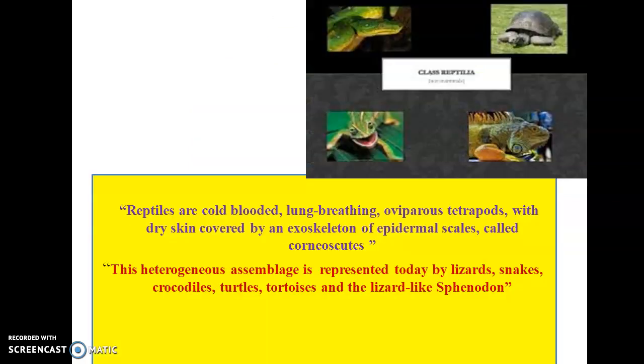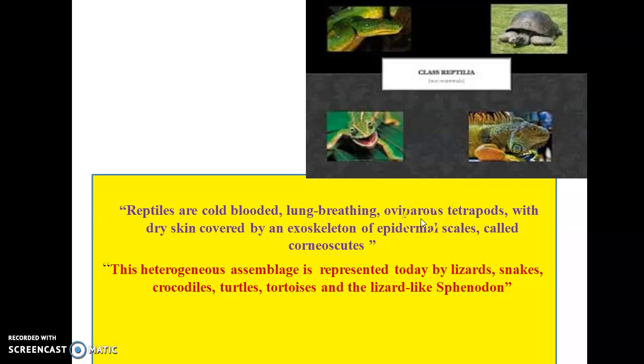Have you heard about this class Reptilia? These are the common organisms which come under Reptilia: snakes, lizards, turtles, tortoises, etc. We can define reptiles as cold blooded, lung breathing, oviparous tetrapods.